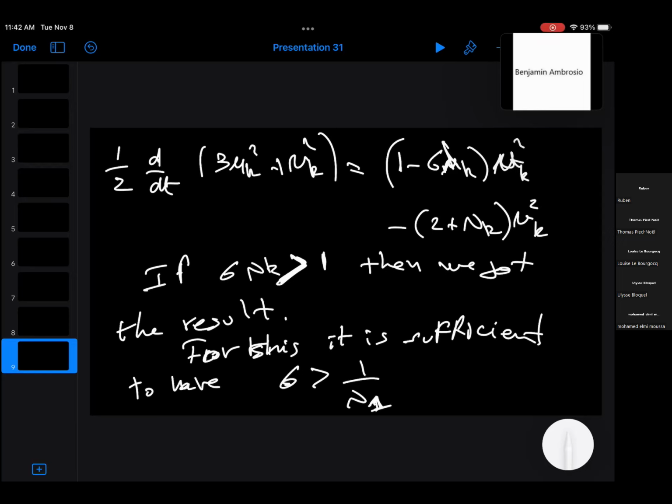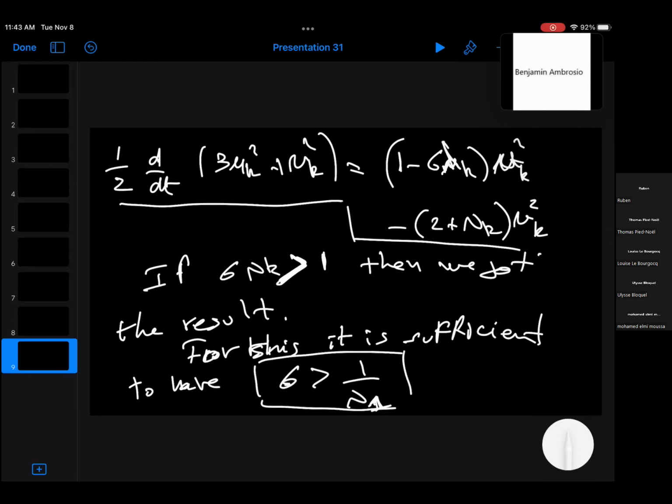So I already have this result with this simple computation, because afterwards I can take the series here and I can obtain that. So I let you think about that. I have the result here, but that's not my theorem. My theorem says if sigma is greater than sigma 1, and sigma 1 is smaller than that. So this is not the best result, but it's already a result.